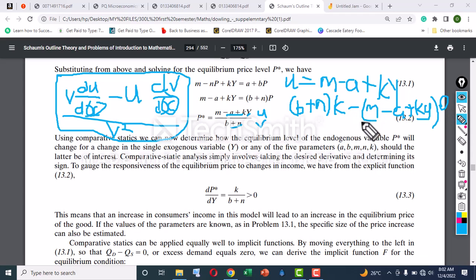So automatically all of this turns to 0. But let's continue. Over v squared, that's b plus n squared. B plus n squared means b plus n times b plus n. So this one is already 0, and this square will cancel this b plus n. So that's why we have k over b plus n that they have there.